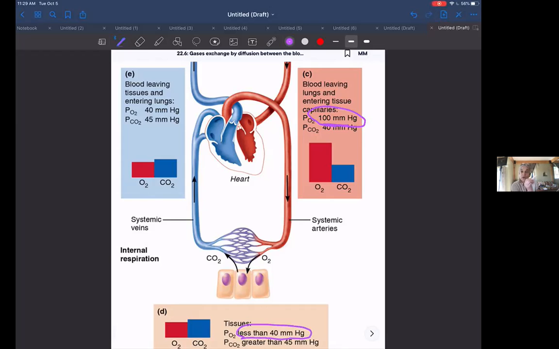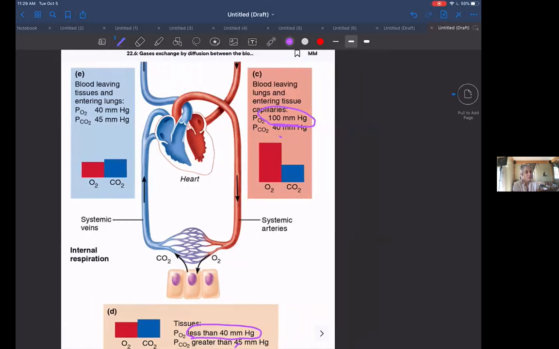So oxygen is going to diffuse passively from the blood and into the tissues. Likewise, CO2 is going to move the other way. CO2 would be 45 versus 40, and so it's still going to leave the tissues. So that passive diffusion has to do with the difference in partial pressures.